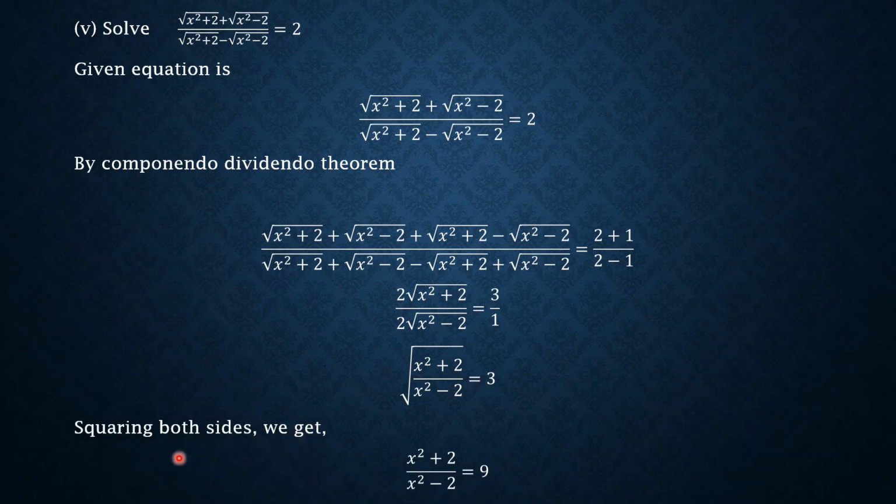Now students, we have to cut this square root. So in order to remove this square root, we will take square on both sides. So squaring both sides, we get x square plus 2 over x square minus 2, and square root will be cancelled by each other, and this equal to square of 3 will equal to 9.